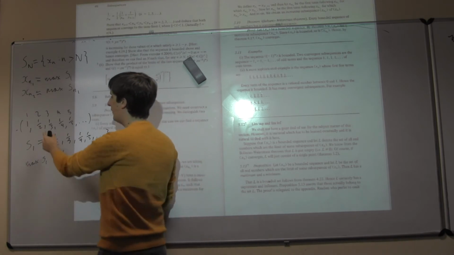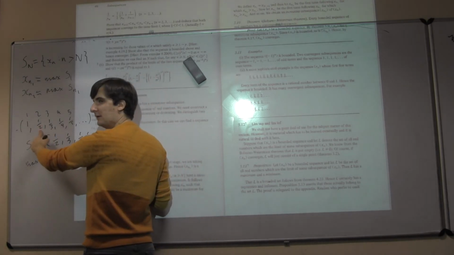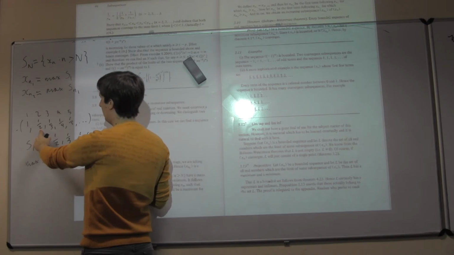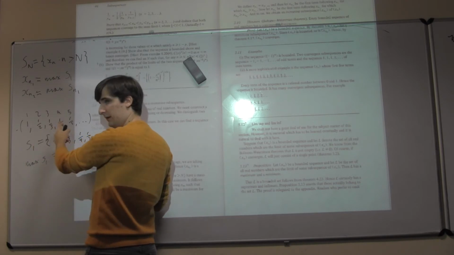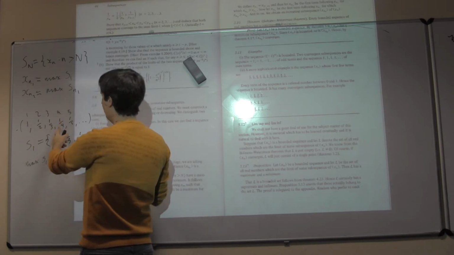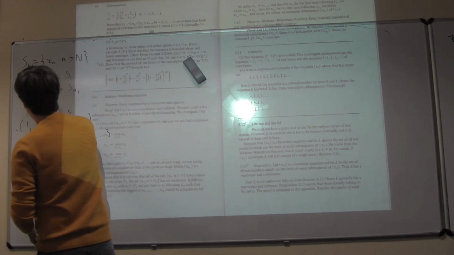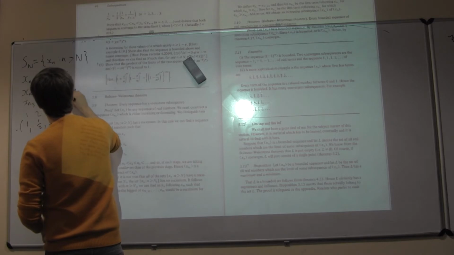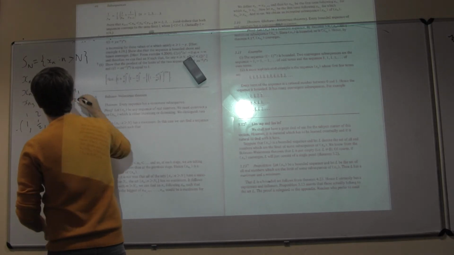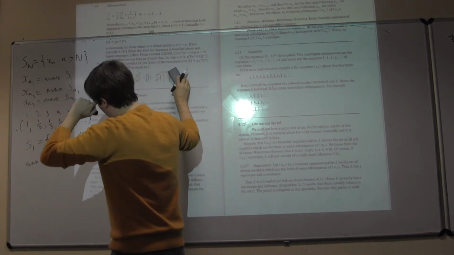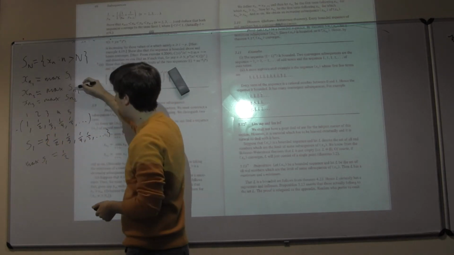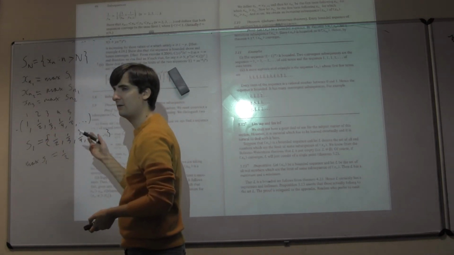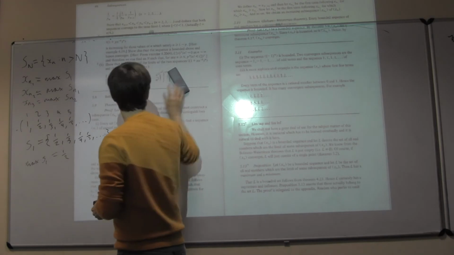Now we're looking at all of the elements beyond a half, so this is going to be equal to a third. And x n sub 3 is going to be equal to the max of S n sub 2, etc. So in this case, our subsequence is just the original sequence without the first element.